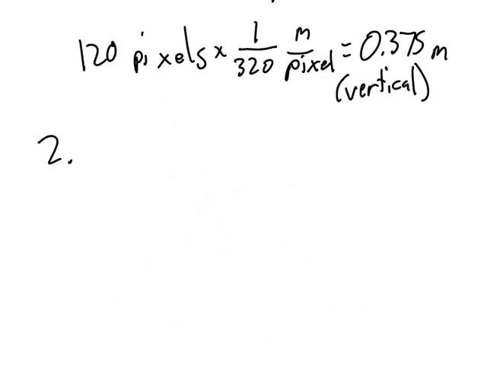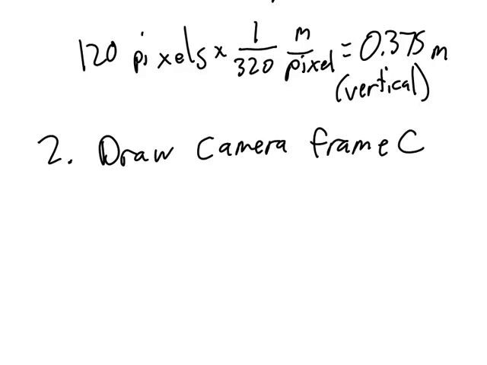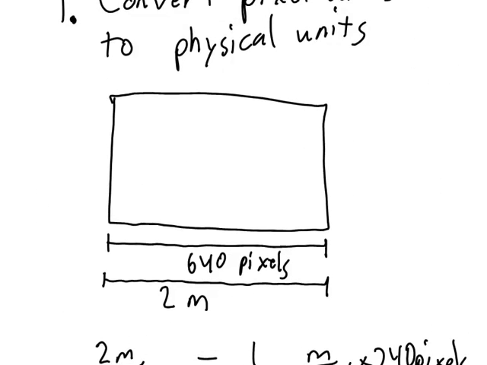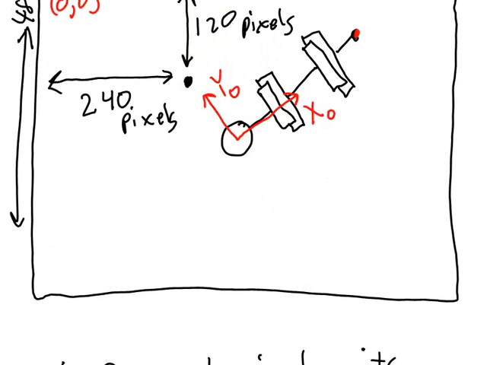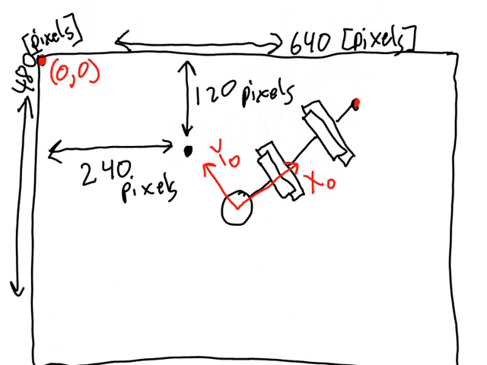Step 2 is to draw the camera frame, and we'll call that frame C. Let's go back to our drawing of the image, and we need to draw in the camera frame. Now, since 0, 0 is typically in the upper left-hand corner, I want to draw my camera frame with its origin there in the upper left-hand corner.